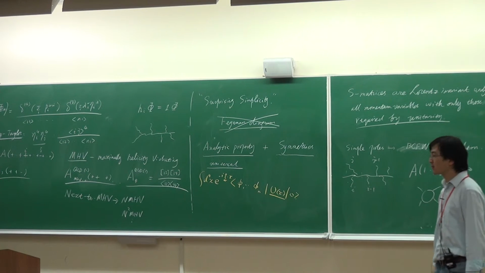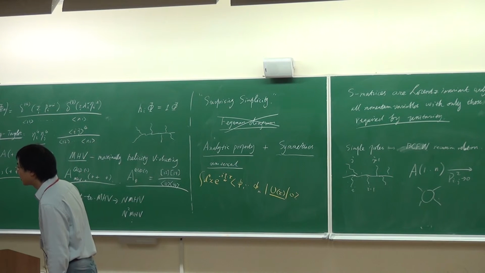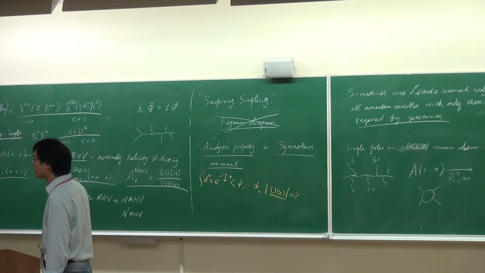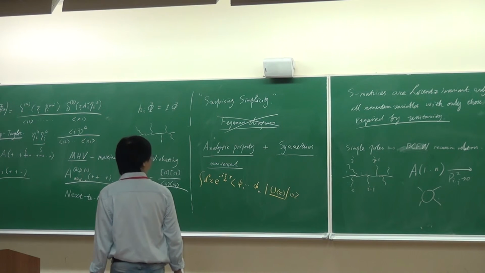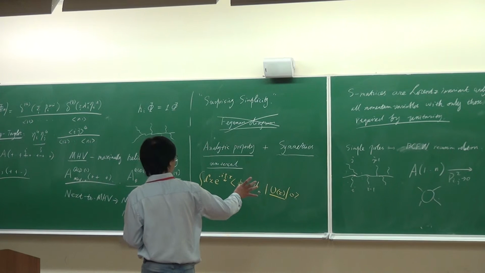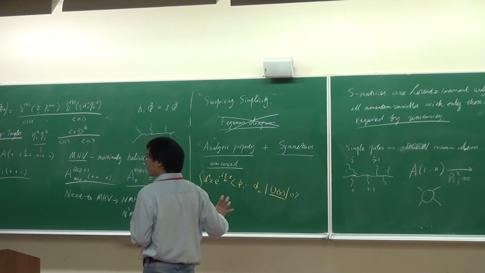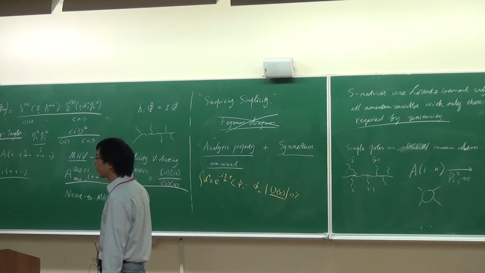In general, how do you treat renormalization? Sorry? Renormalization. Yeah. Let's say not the form factor. I think at the technical level, this method is true for both UV and infrared divergence.